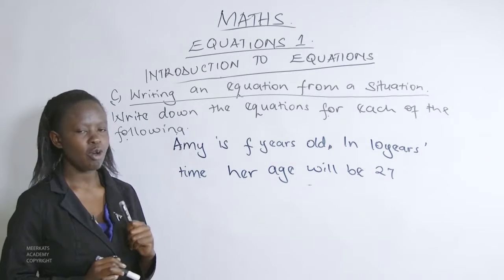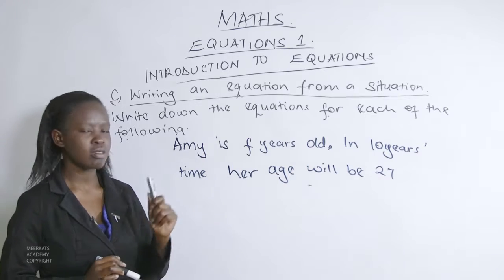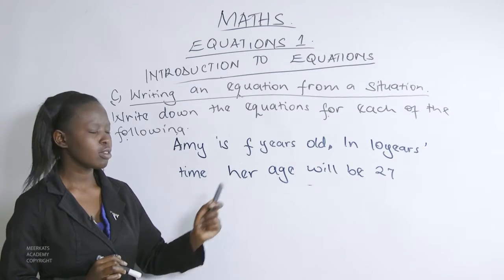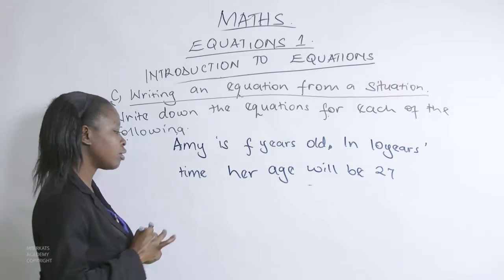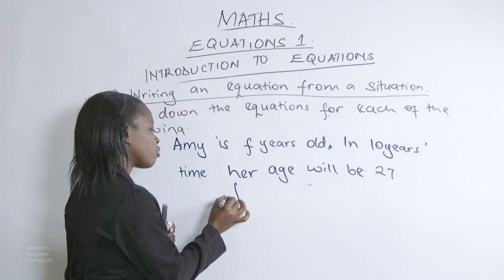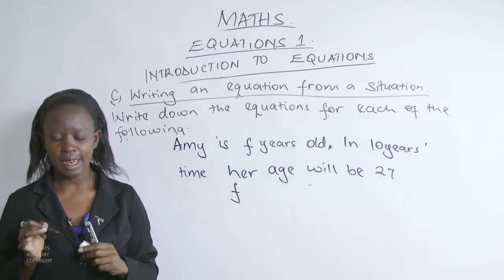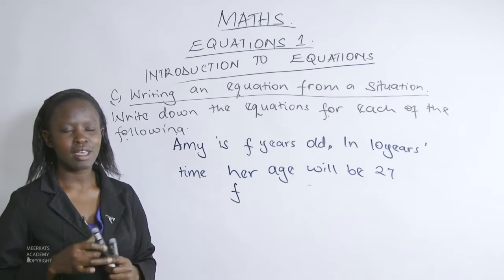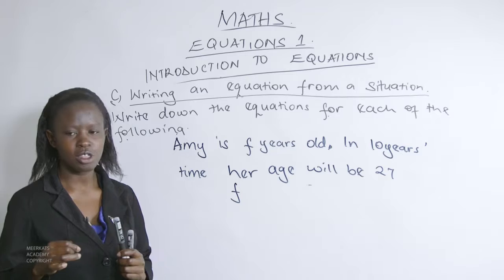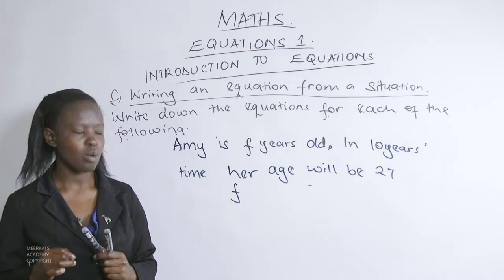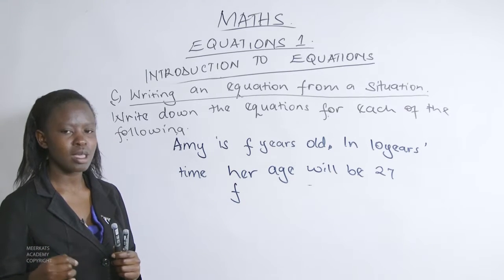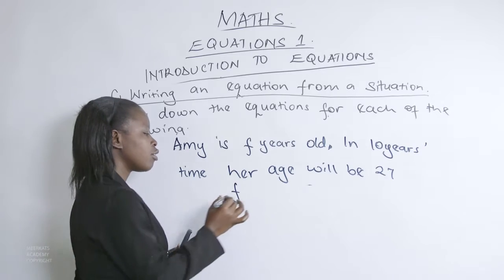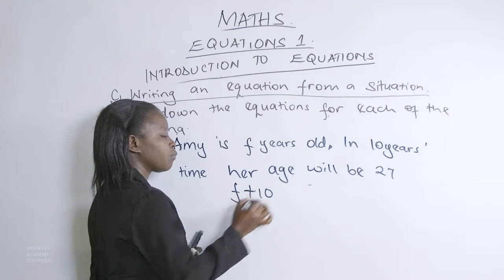So we need to form an equation from this given situation. If currently Amy is F years old, in 10 years' time, it means that Amy will have added 10 years to whatever age she is right now. So in 10 years' time, that will be F plus 10.